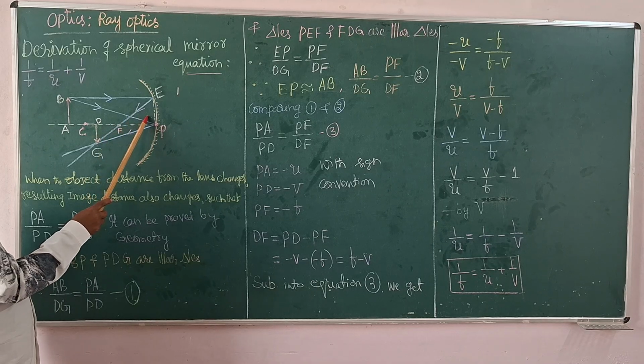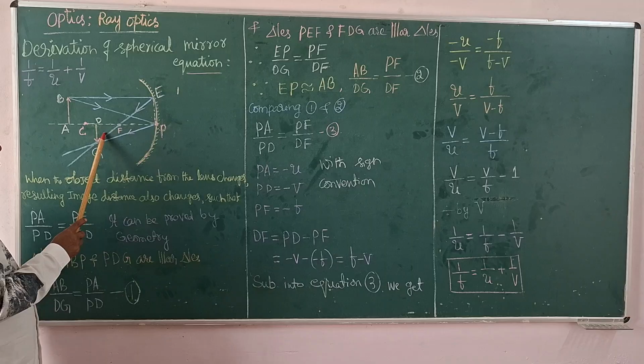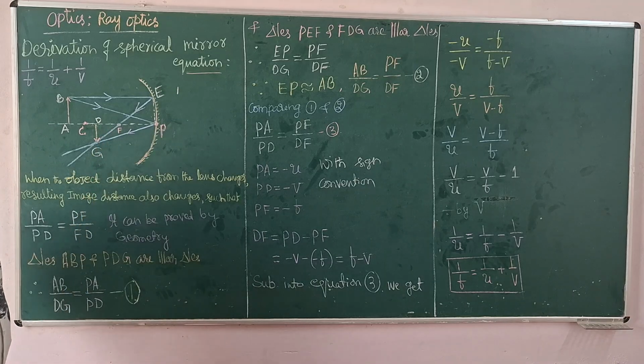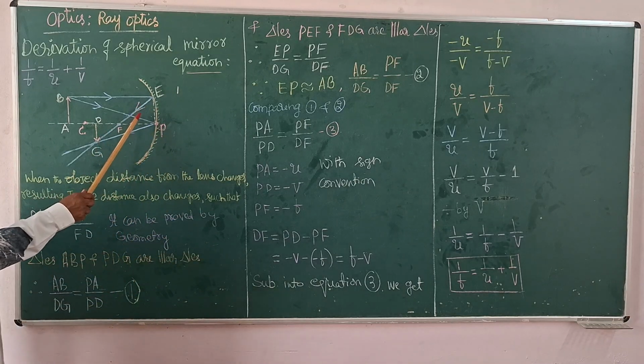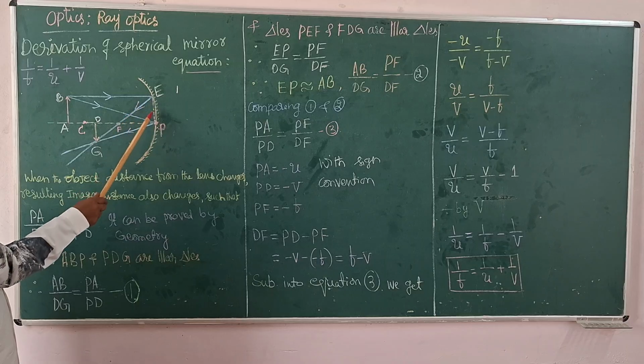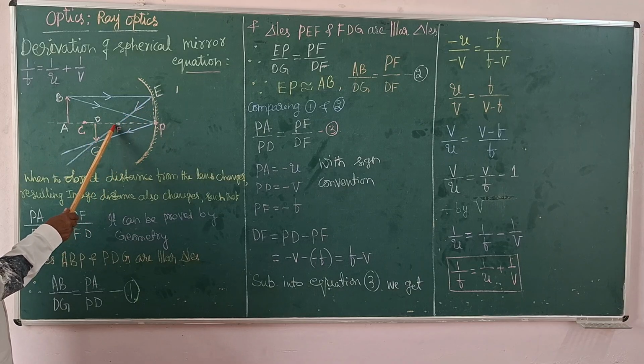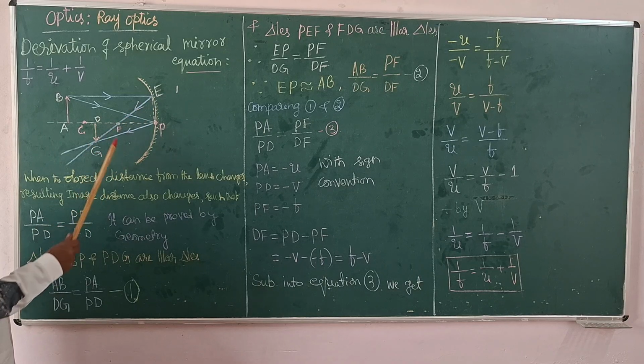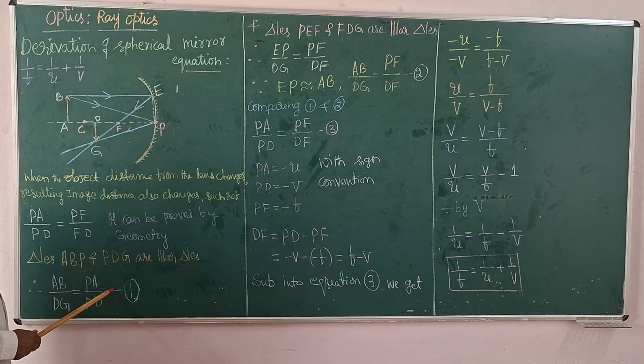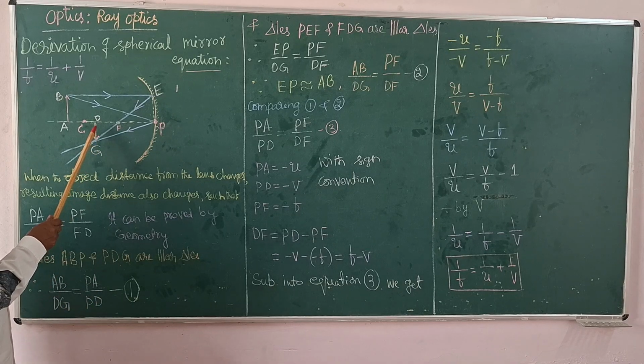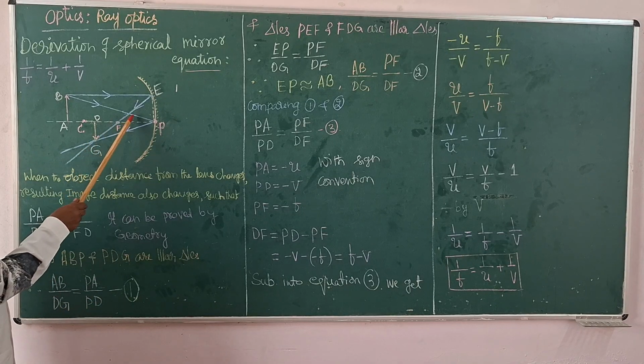This is an angle of this triangle, an angle of this triangle. So two angles are equal. When these two angles are equal, these two triangles are similar triangles. Apply the same concept: the ratios of the corresponding sides are also equal.